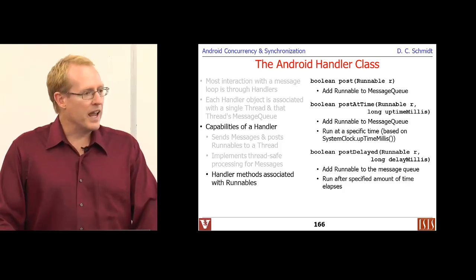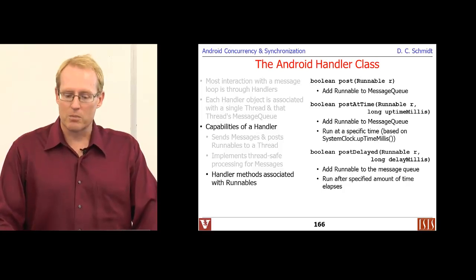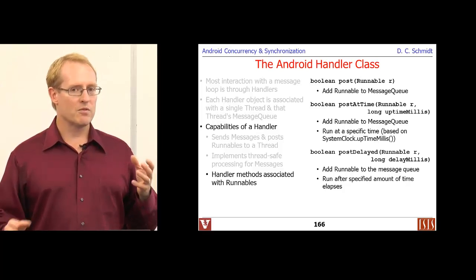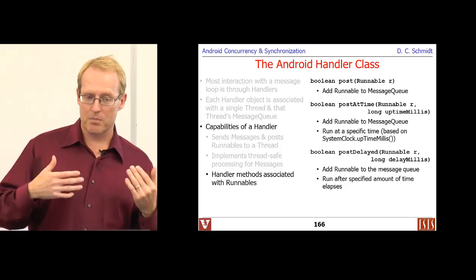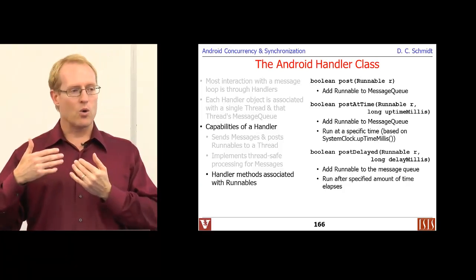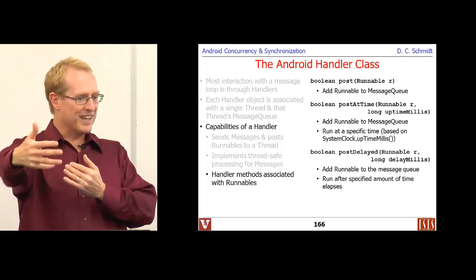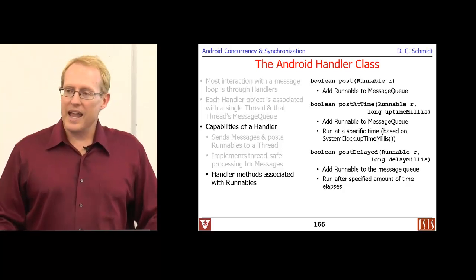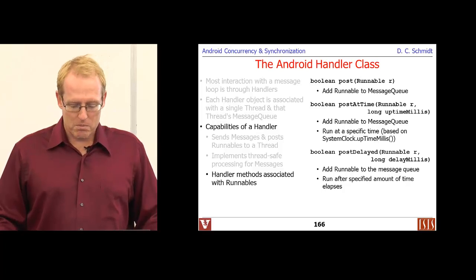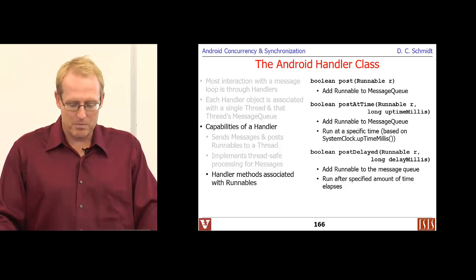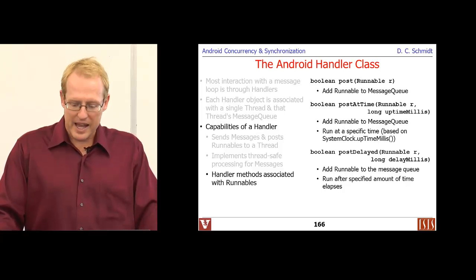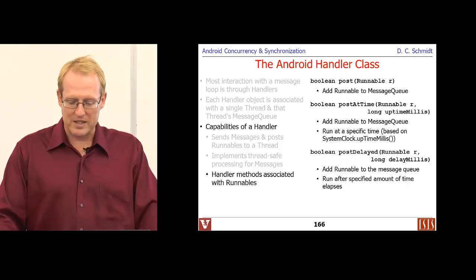There's a number of handler methods that are associated with runnables. These are things that can be used for either one thread to post runnables to itself or one thread to post runnables to another thread through a handler. And the methods are post, post at time, and post delayed. And so there's a bunch of different semantics.